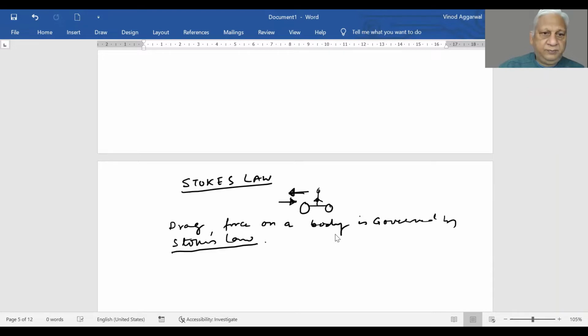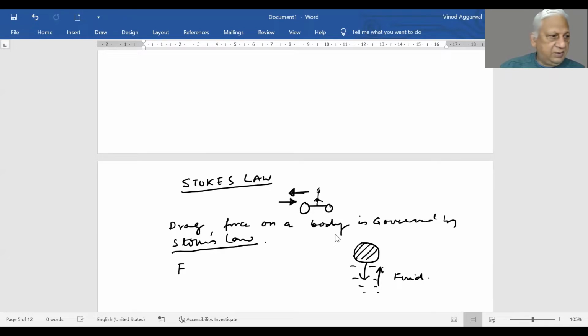What it says is, let us say that a sphere is falling down in a stream of air or any fluid. Then this fluid resists its motion in the downward direction, which is called drag.